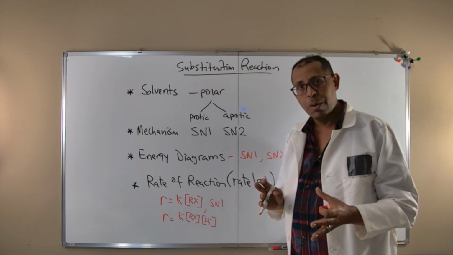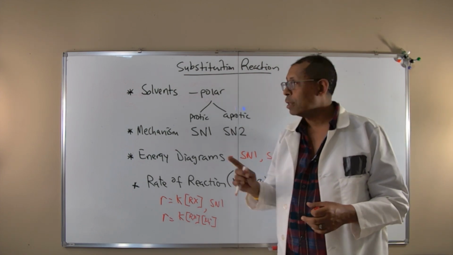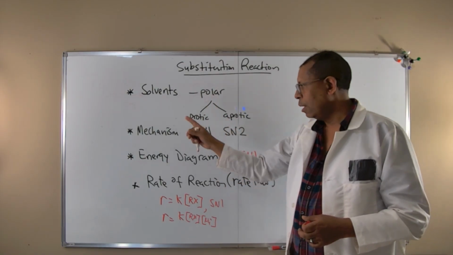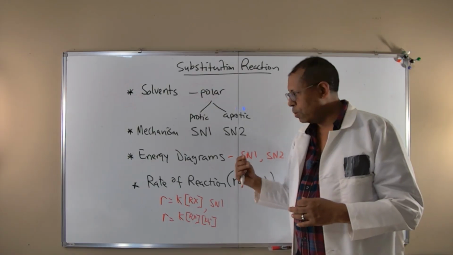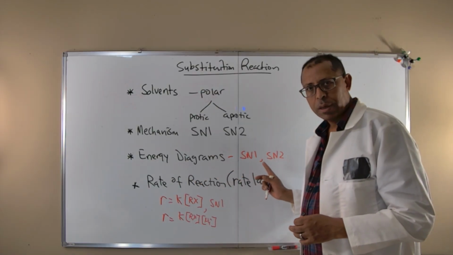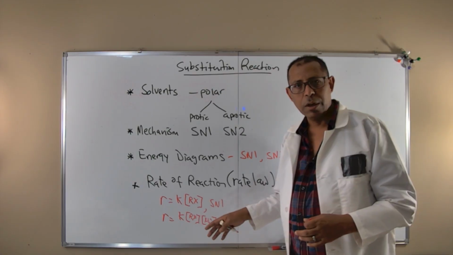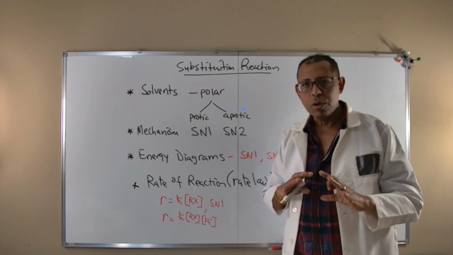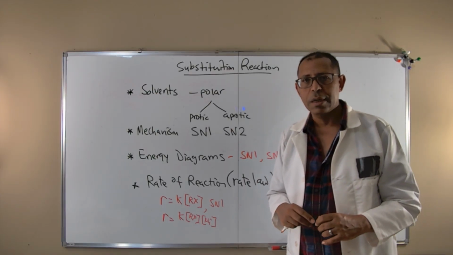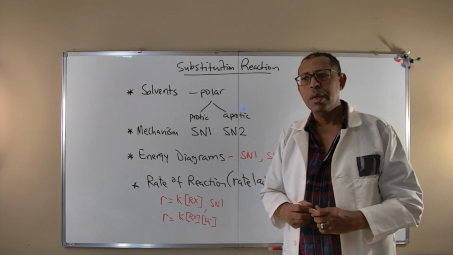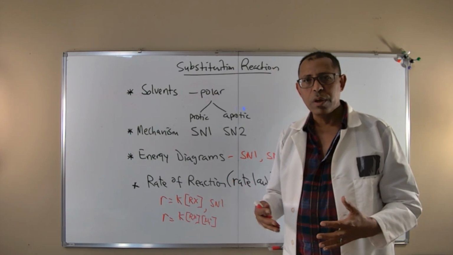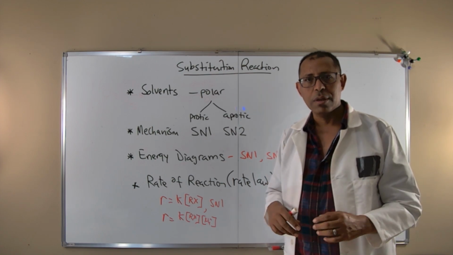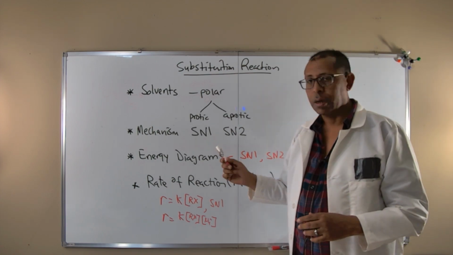But once you know all the factors that are important in substitution reaction, the solvent, protic, aprotic, the mechanisms SN1, SN2, the energy diagrams unique to SN1 and SN2, and the rate laws, you'll have no problem understanding substitution reactions, and you could answer any questions related to them by studying what would be described next.